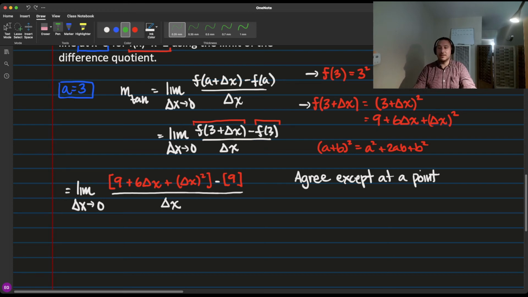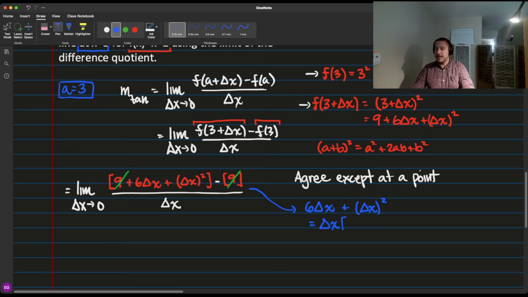Yeah, the 9s cancel. Okay, and then let's calculate this off on the side. Looking at 6 delta x plus quantity delta x squared, what can you do with that? Yes, there we go. And then we're going to be able to do some canceling.